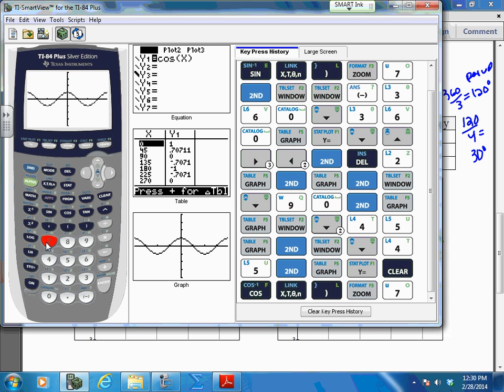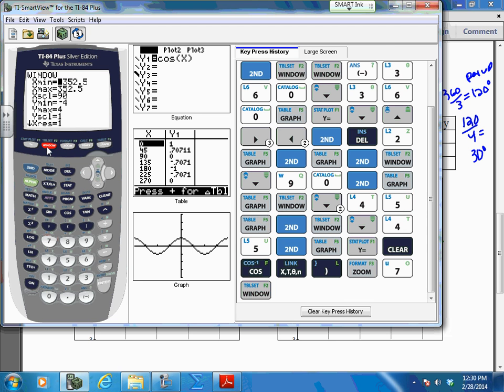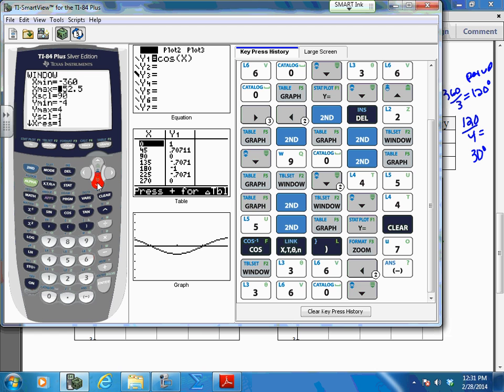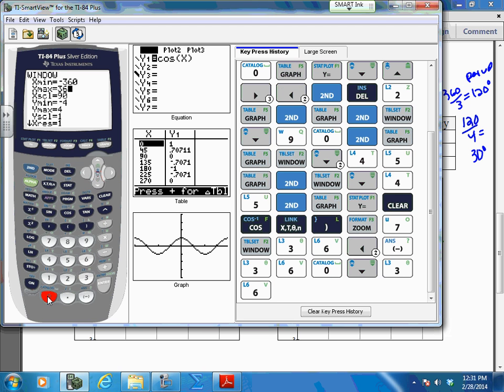Now, when we look at your window in degrees, I don't know why your calculator does this, but it cuts it short of 360. So let's just change this to negative 360 and positive 360. So it made your scale go every 90, because isn't 90 each quadrant? Right? So now let's graph it. And we find your pattern through this.